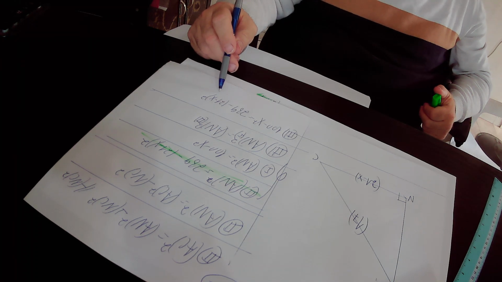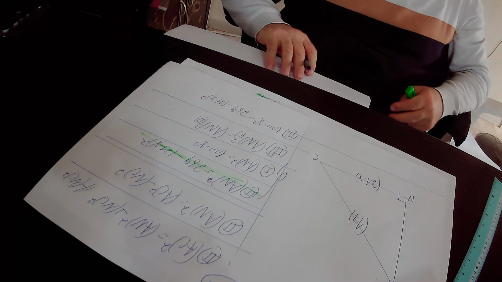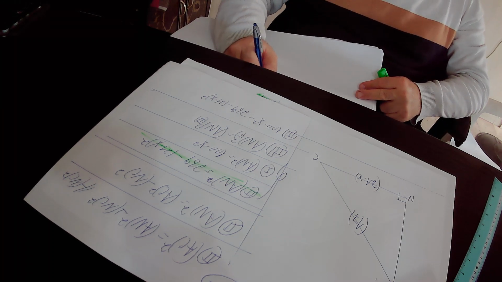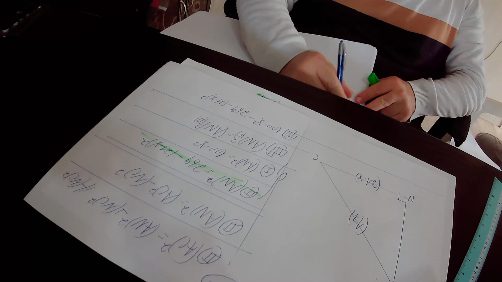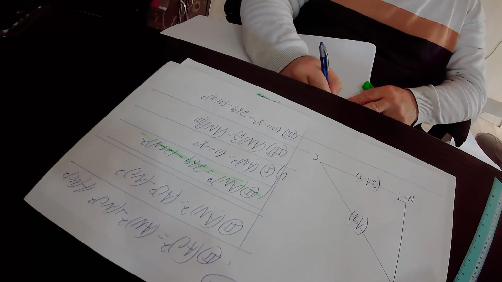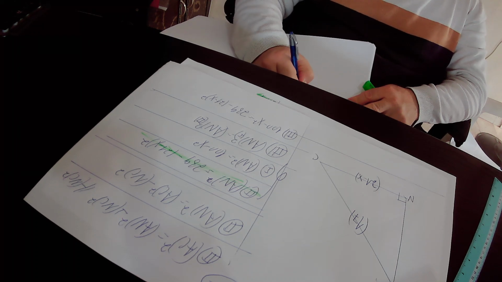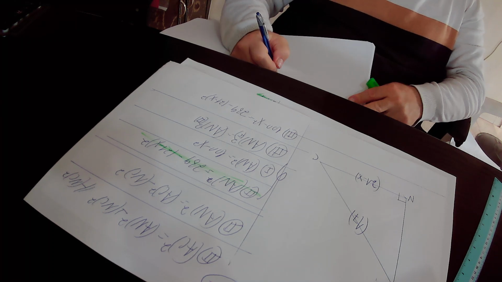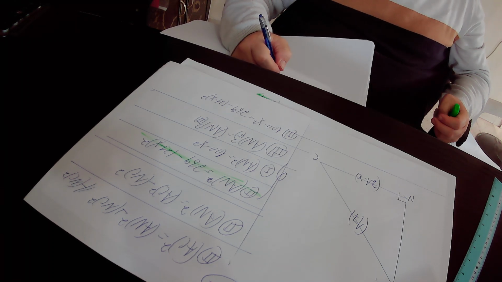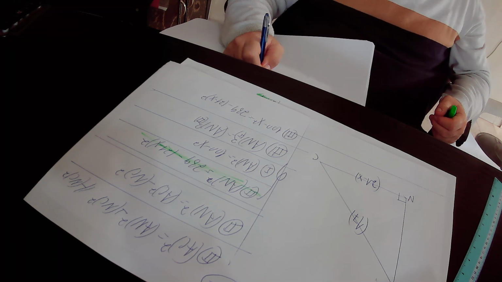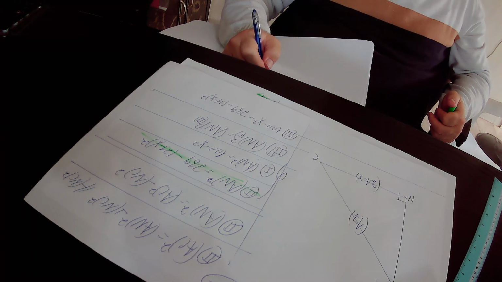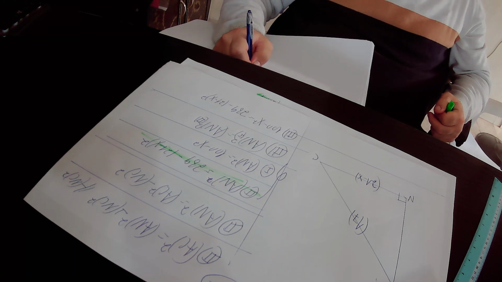(21 minus x) squared. We get that according to equation 3, 100 minus x squared equals 289 minus, and (21 minus x) squared equals 21 squared, that is 441, plus x squared minus 2 times 21 times x, which is minus 42x.